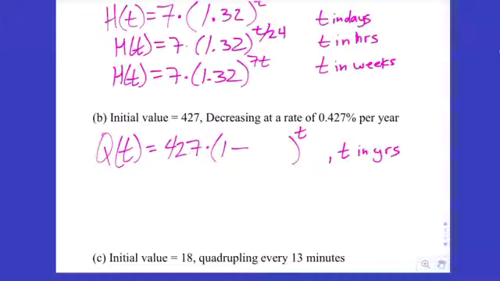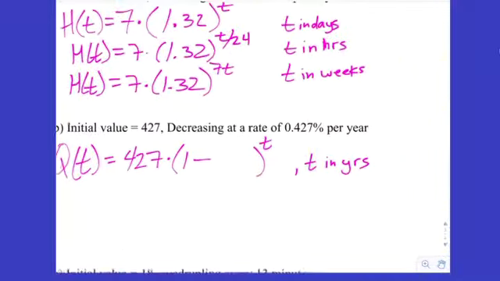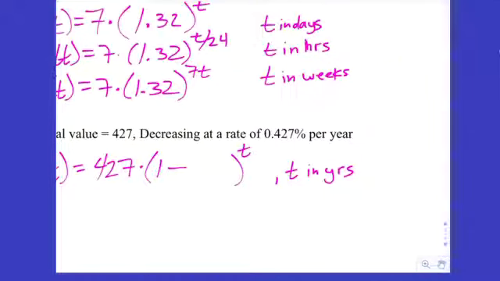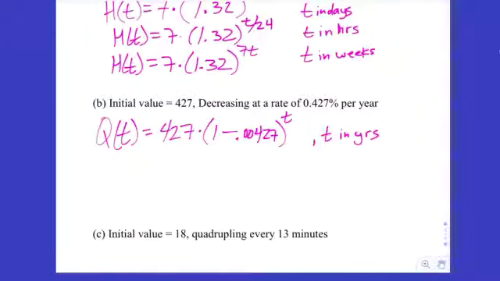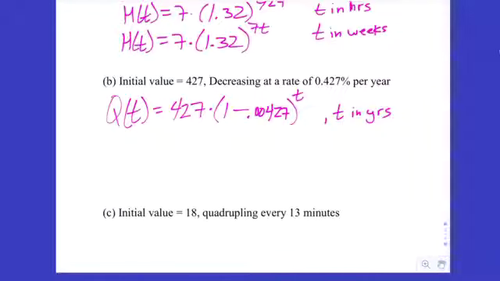No, we are not. It's 0.427%, which is a tiny percent. We need to subtract it as a decimal. So that's 1 minus 0.00427 to the tth power. And if you measure t in years, you won't have to modify your exponent. You can leave it as t.